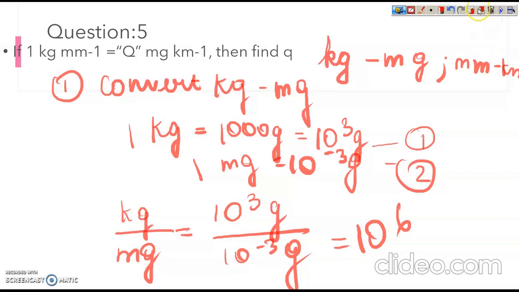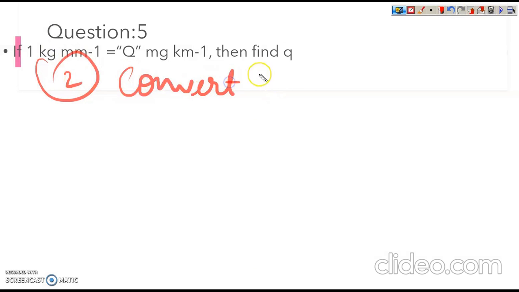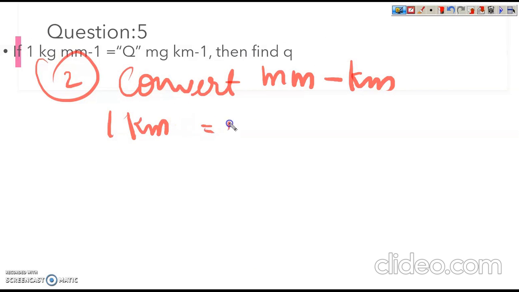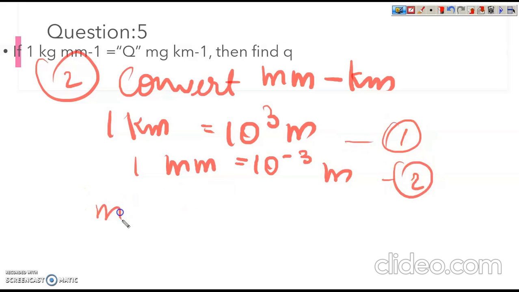Now, the second step is to convert millimeter into kilometer. We know that 1 kilometer is 10 to the power 3 meter, and 1 millimeter is 10 to the power minus 3 meter. This is equation 1. This is equation 2.